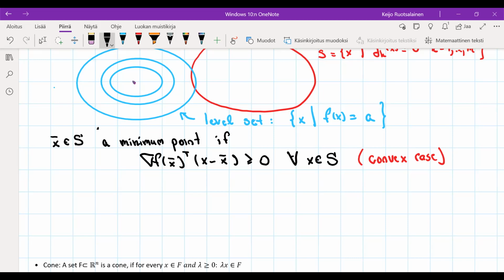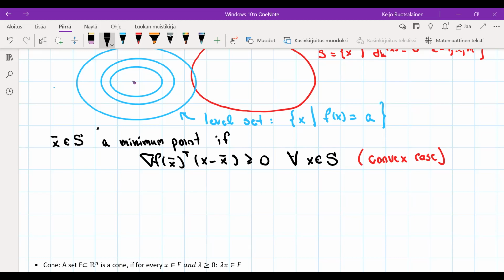So it means that if we go from the point x bar into any direction pointing into the constraint set, this scalar product must be positive. So it means that the function values are increasing all the time. It comes exactly from the Taylor formula.